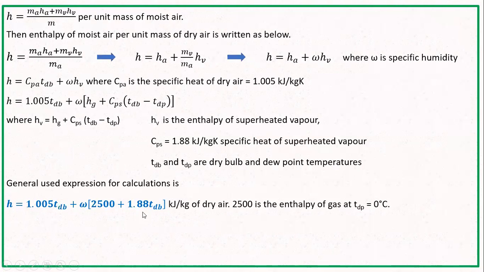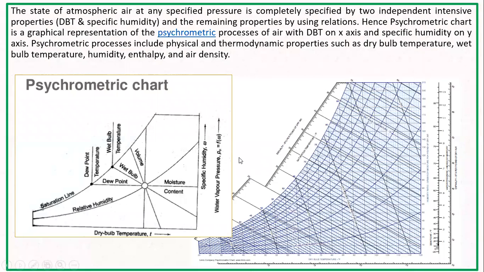Substitute. Finally, we will get the expression h is equal to 1.005 Tdb, where Tdb is the dry bulb temperature, plus omega into (2500 plus 1.88 Tdb). We need to remember this expression in order to solve the numericals. These are the expressions which we use for solving numericals.